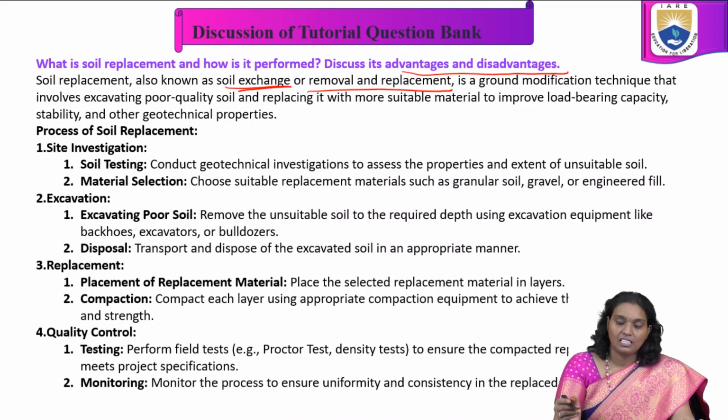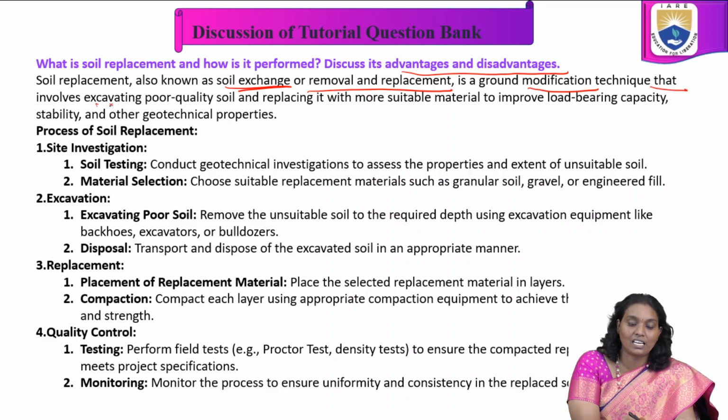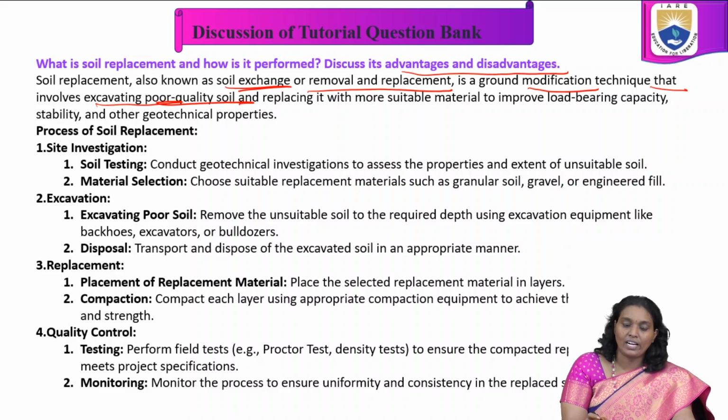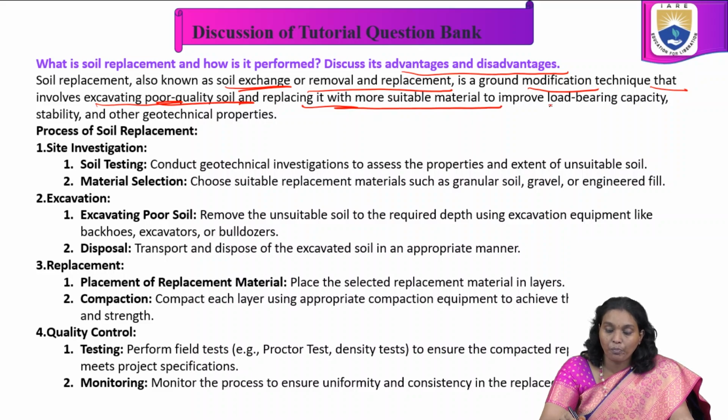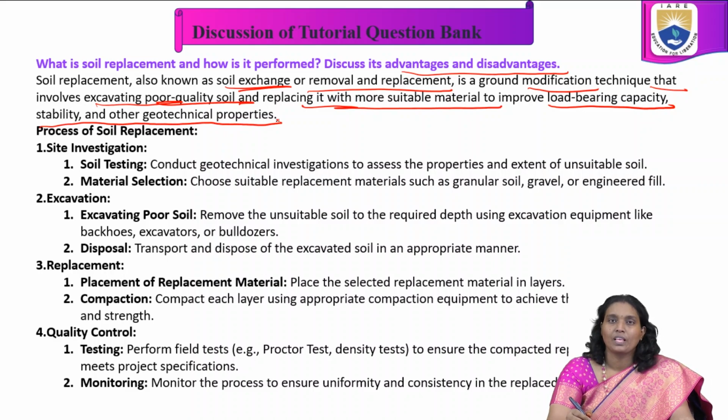This is a ground modification technique that involves excavating poor quality soil and replacing it with more suitable material to improve load bearing capacity, stability and other geotechnical properties, to get the desired properties of soil for the construction.